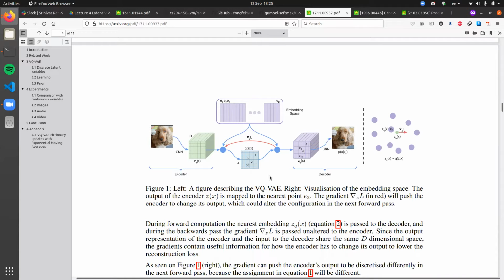In such a way, we can generate samples and feed them to the decoder here, and get our hallucinated images, right?